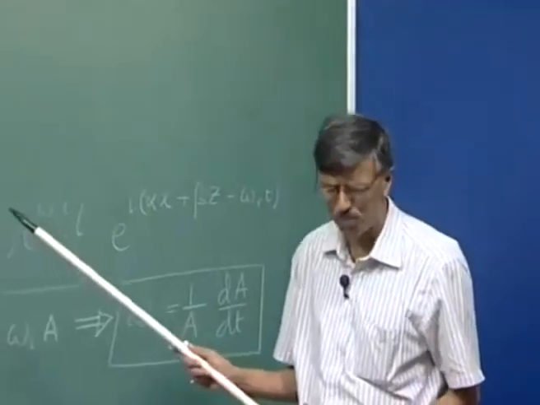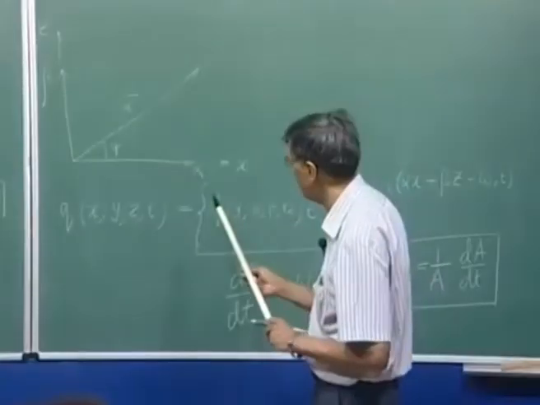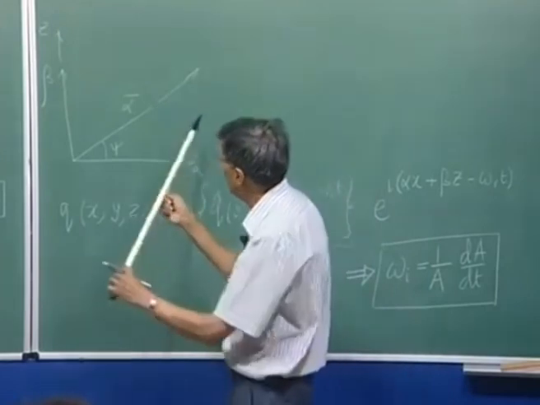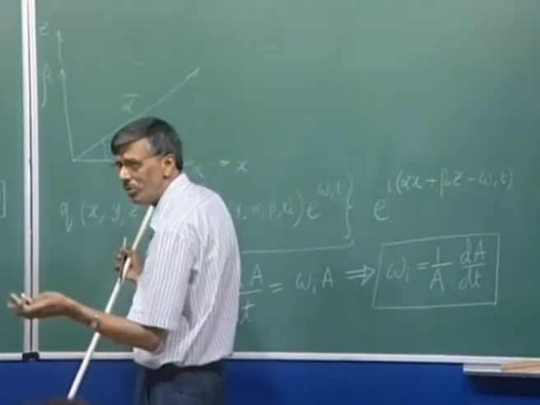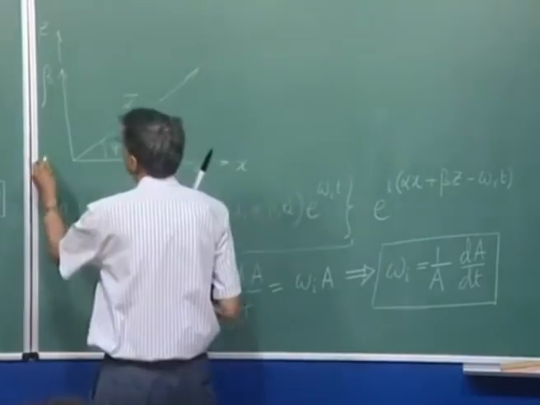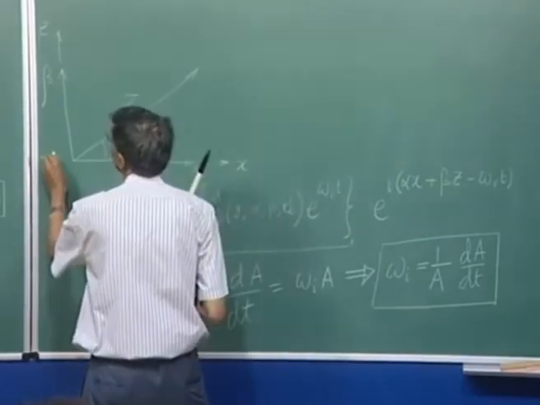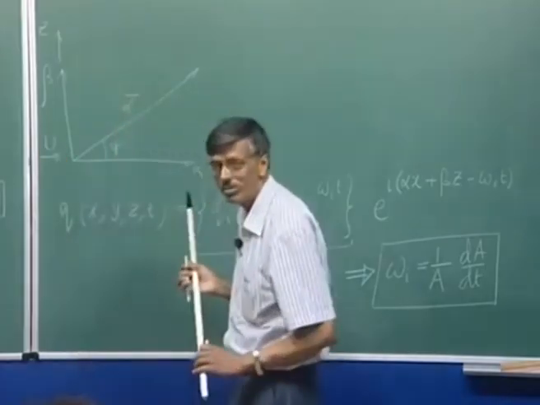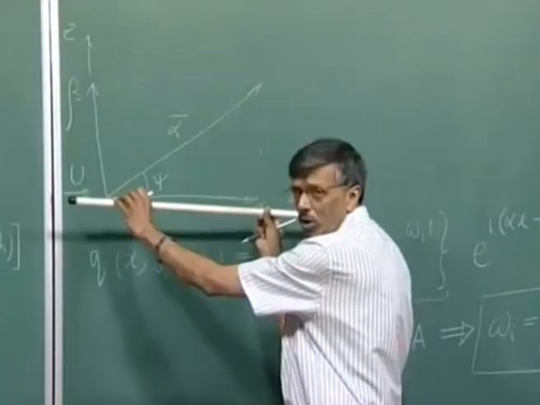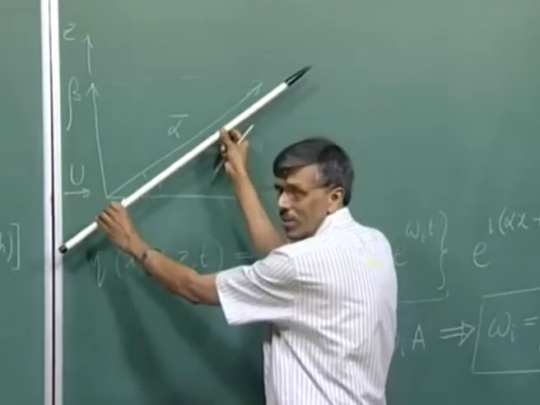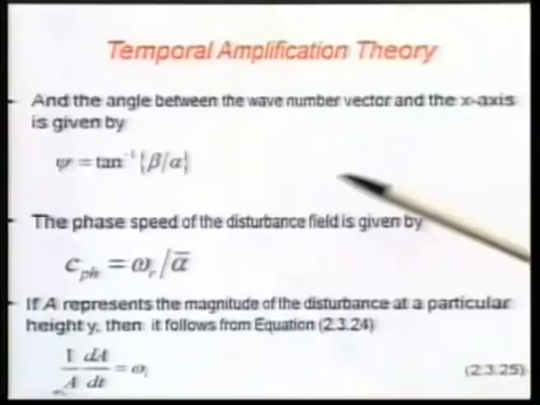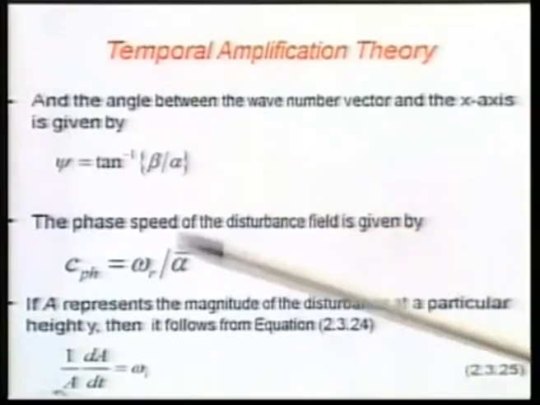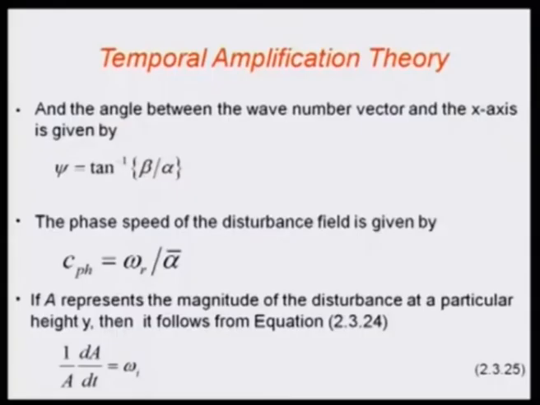Things are pretty simple. We are talking about a two dimensional disturbance. The flow is coming in this direction, but the disturbances are not aligned with the flow; they are going at an angle psi. That psi is unambiguously obtained from there, and then we can also calculate the growth rate by following the amplitude along that.